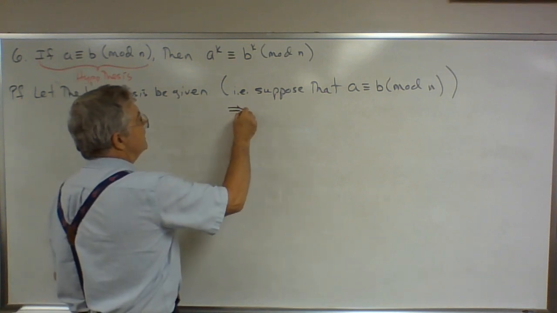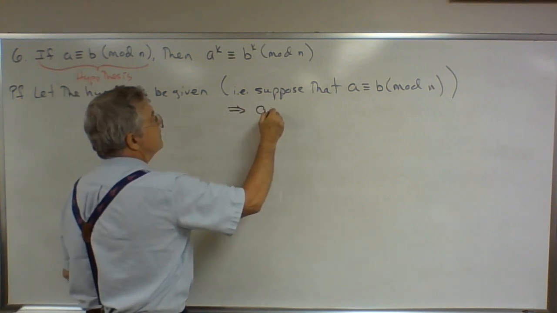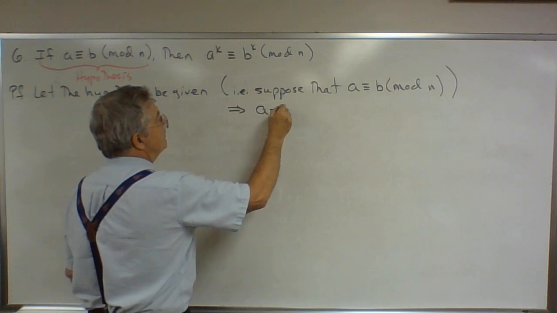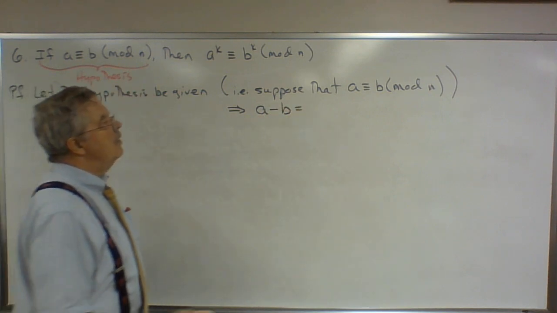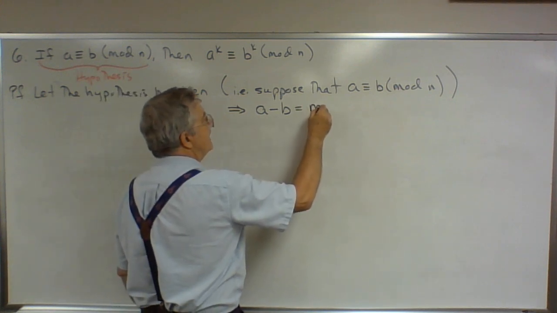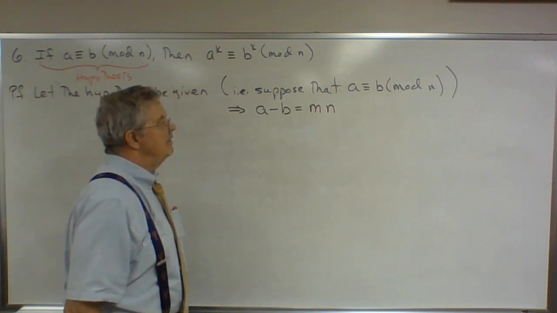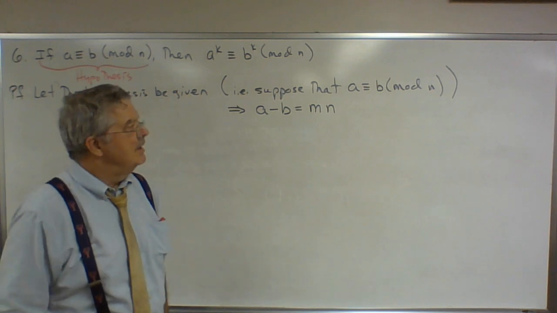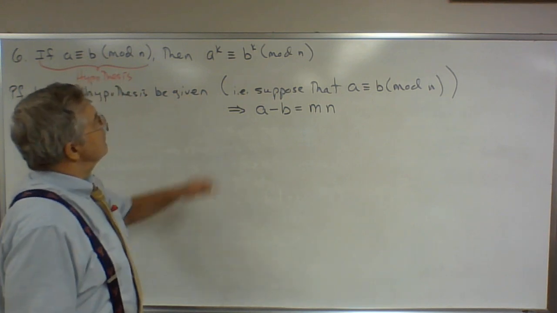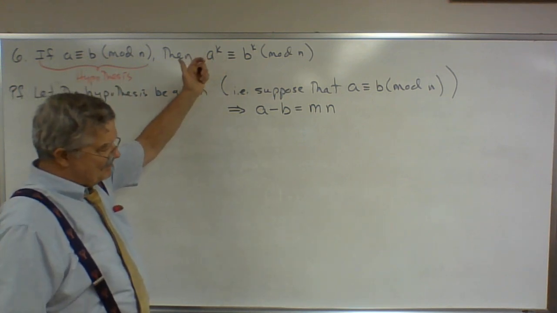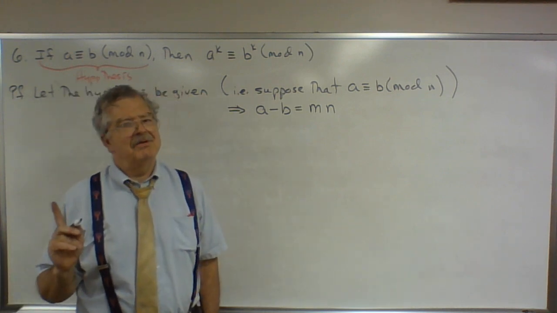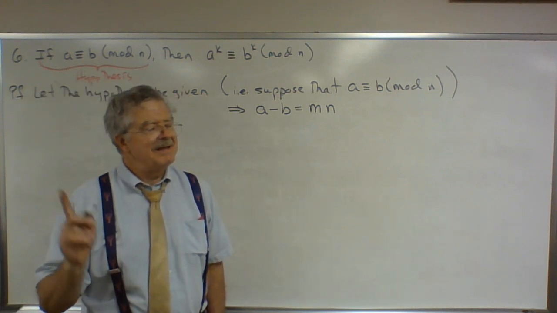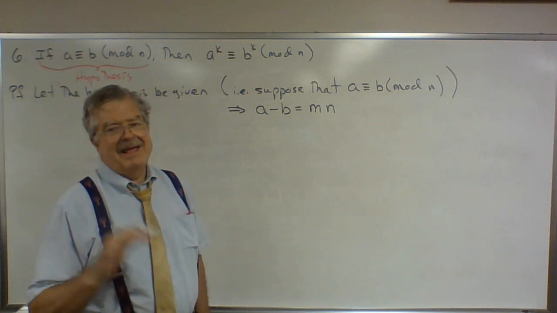It tells me that the difference of A and B is equal to a whole number multiple of n, and I'll call this m because we've already used k, and using the binomial theorem, I'm going to use i, so m is available.